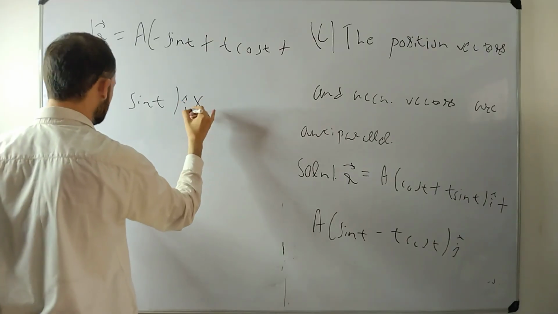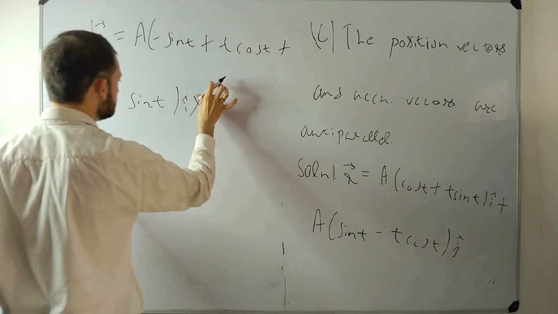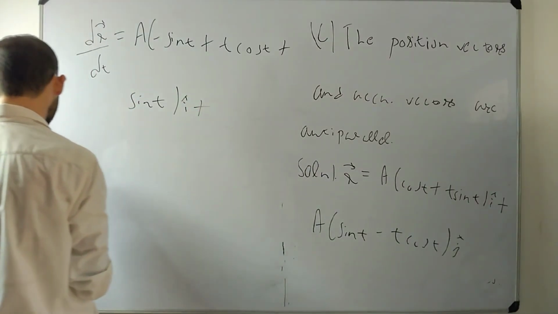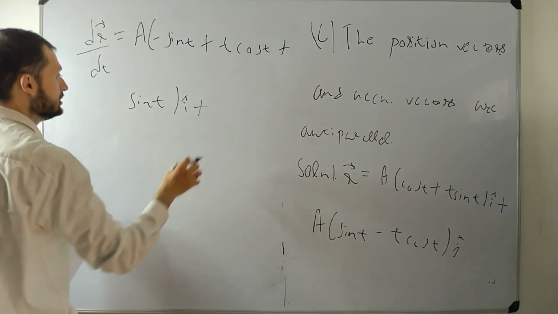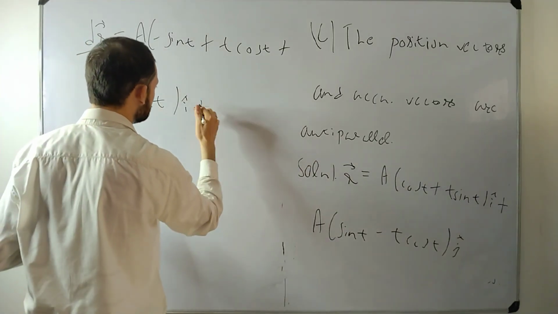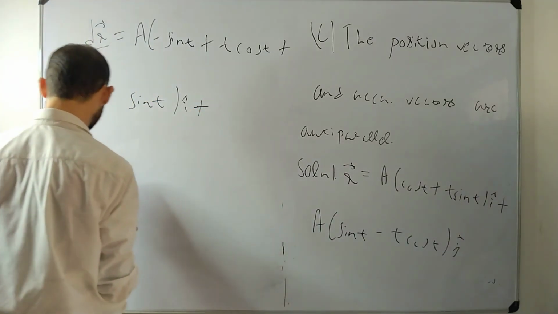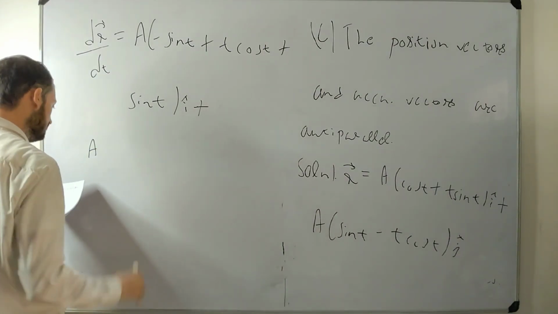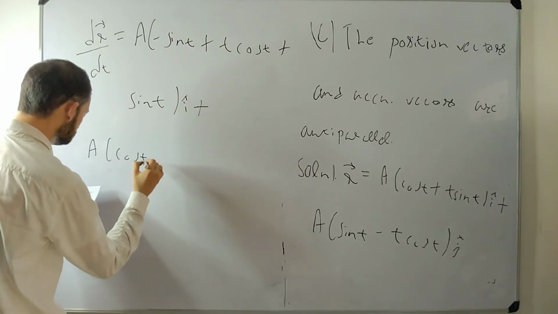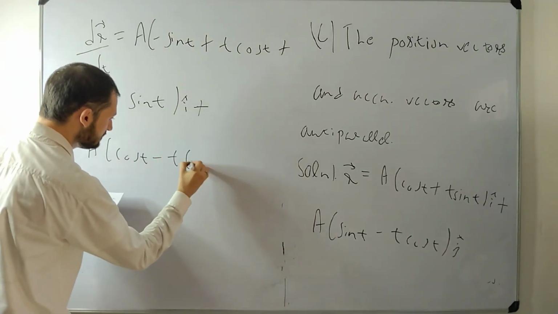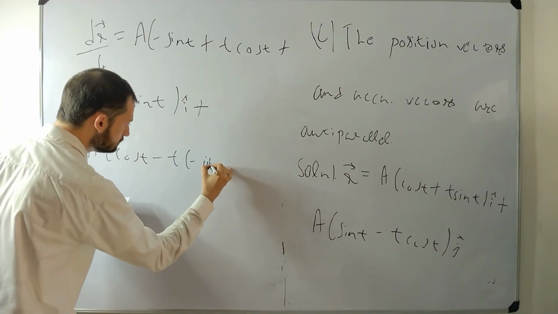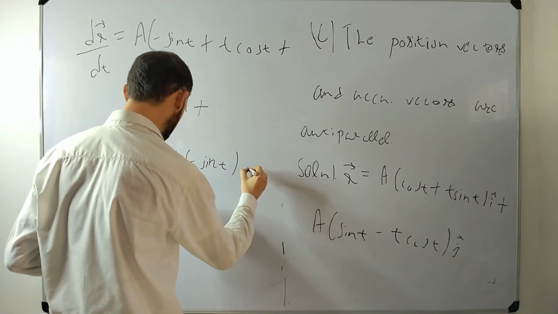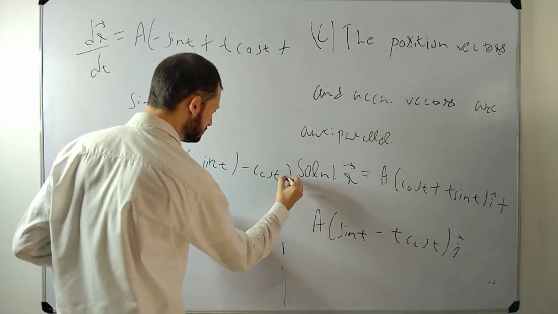Plus, what comes out is A cos t minus t sin t, and this is minus cos t j.